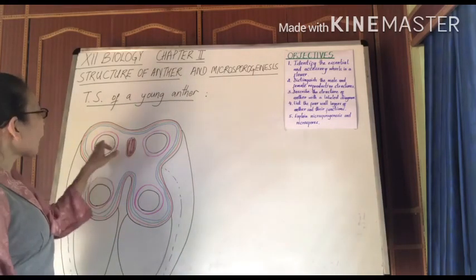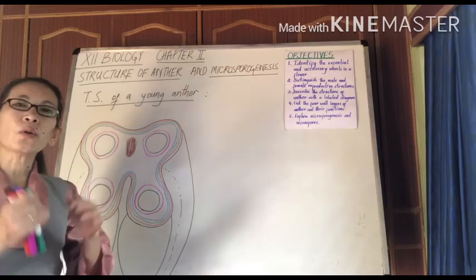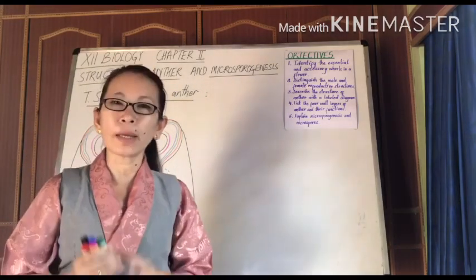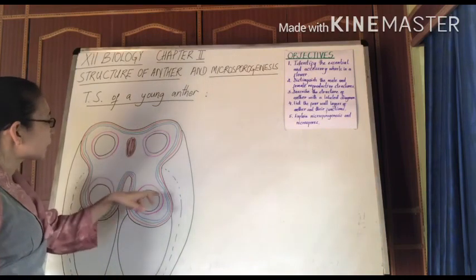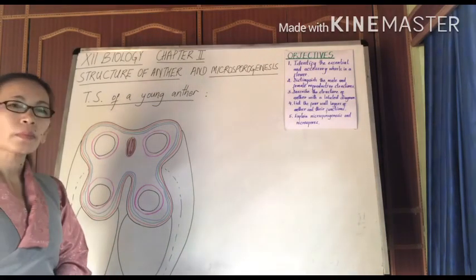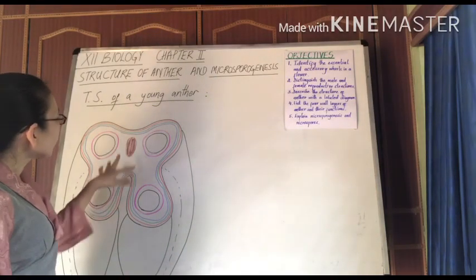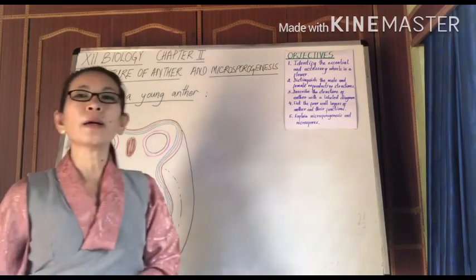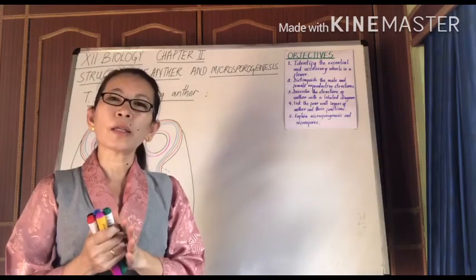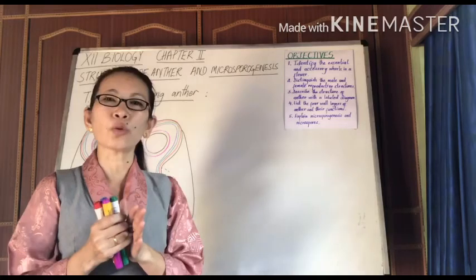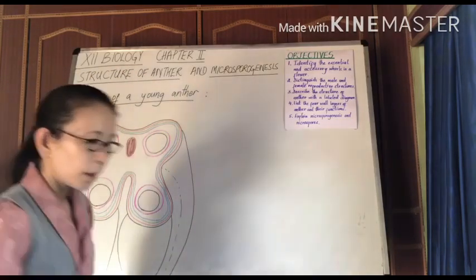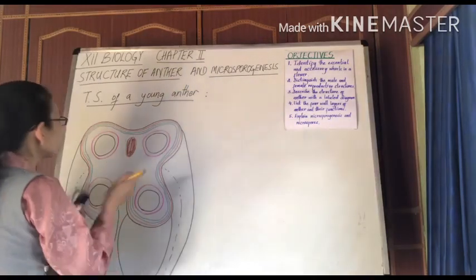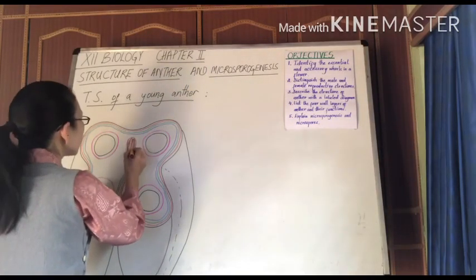Now these microsporangia are enclosed inside 4 wall layers, right? And the 4 wall layers I have depicted with different colors here. And the 2 lobes of the anther are connected together by a kind of sterile tissue.